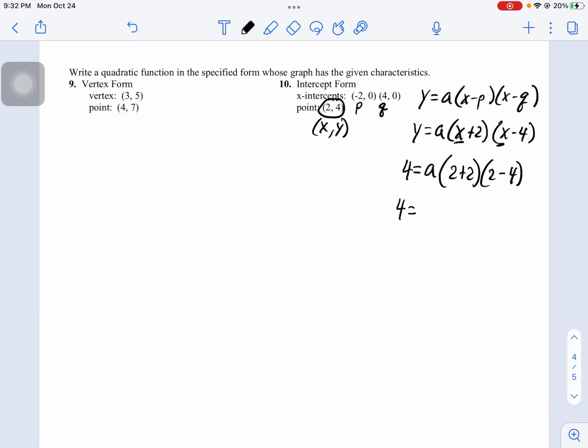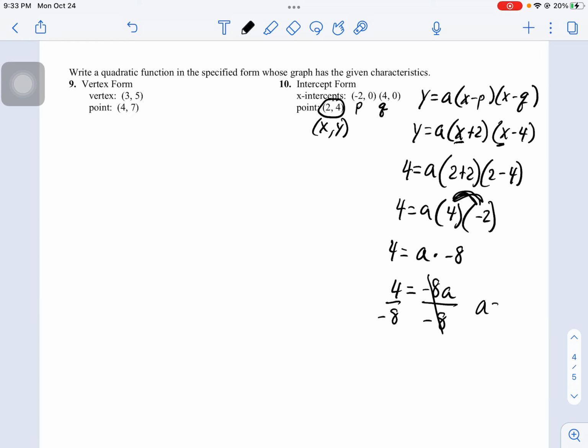All right, so 4 equals a, and then in parentheses, 2 plus 2 is 4, 2 minus 4 is -2. And then I'm going to multiply these two together. So I get 4 equals a times -8, but it might be easier if you read it as -8a. These are the same thing. And then to get a by itself, I'm just going to divide by -8 and be really careful. -8 is the bigger number, and that's on the bottom.